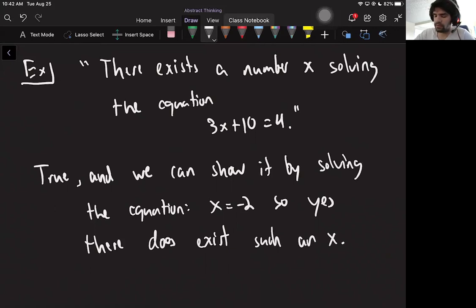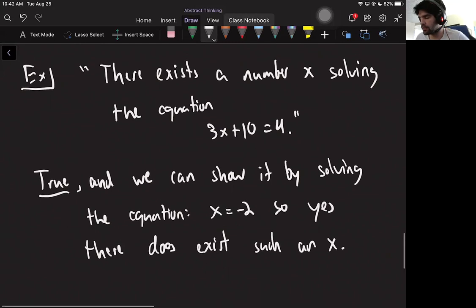So that's why it's true. And again, it's because the whole statement comes as one big package. So it's not saying anything else other than that there has to exist a number solving the equation. So if you can find such a thing, then it's true. If not, it would have been false, if there was no such thing.